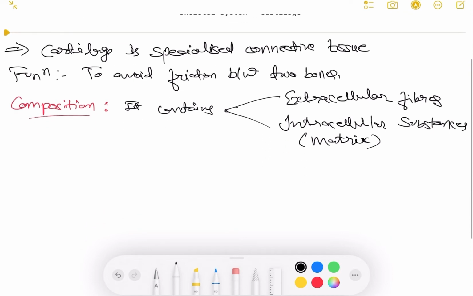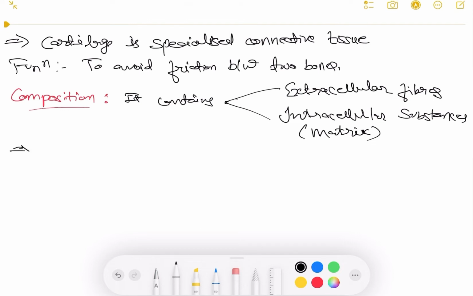Now we have learned in class 12 also and earlier also that the cells of cartilage are called chondrocytes. Now where are these cells located?